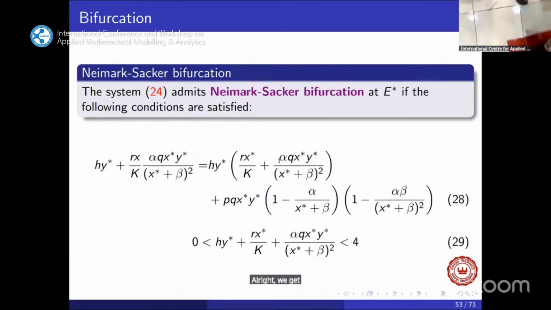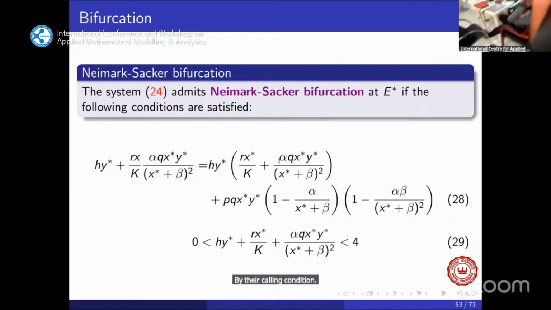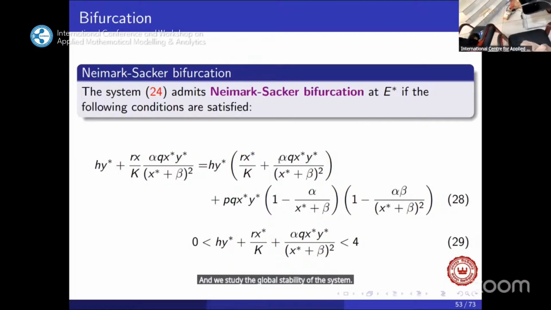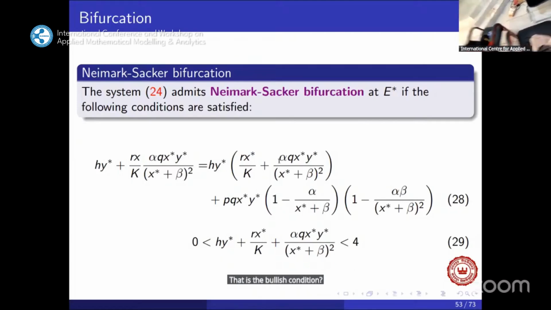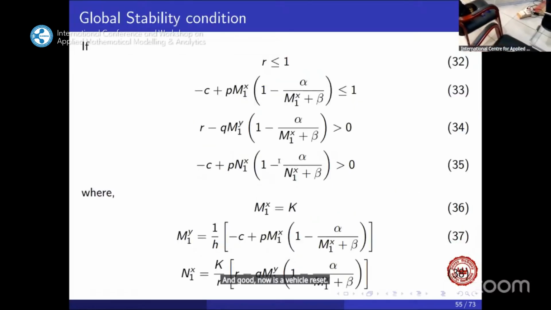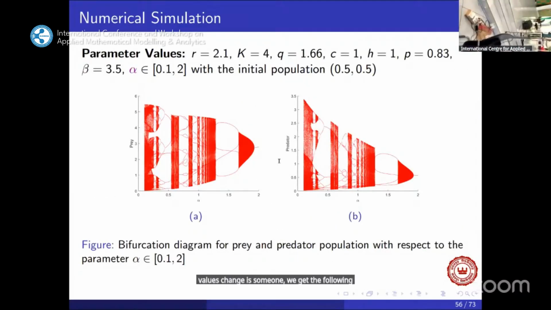And we get in the system that the system has a period-doubling bifurcation by the following condition. And we study the global stability of the system, and this is the following condition. Now go to the numerical results, putting the same parameter values and changing some one to get the following diagram.